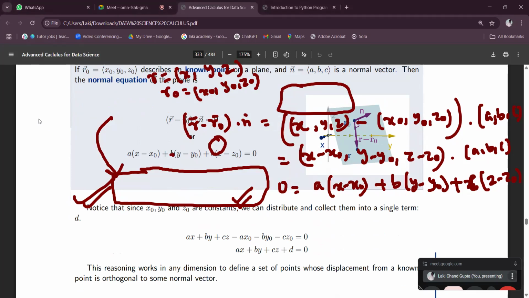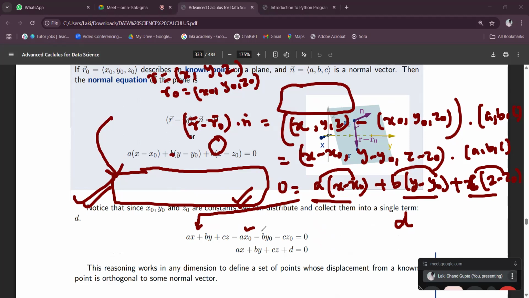When you open the bracket, you will get ax minus ax naught, by minus by naught, cz minus cz naught.